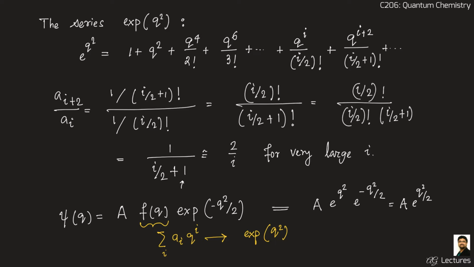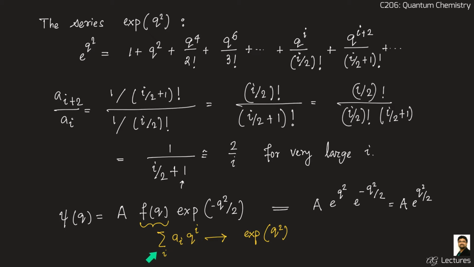And this particular function will blow up, or it will just go to infinity when q goes to plus or minus infinity. So the purpose for which we introduced this asymptotic form, that the function should slowly go to 0 as q goes to plus or minus infinity, is defeated if we have this particular f as a power series solution and we really retain the entire series, that means all the terms of this series.